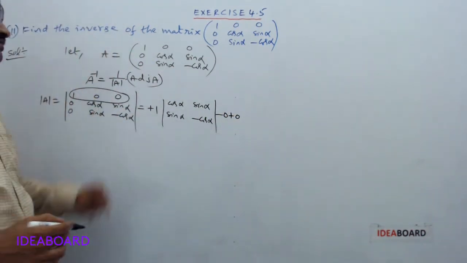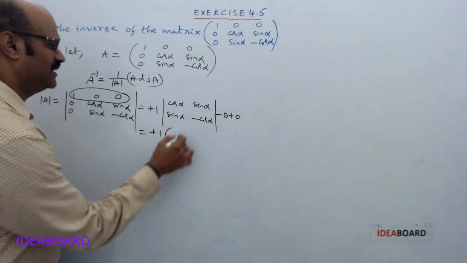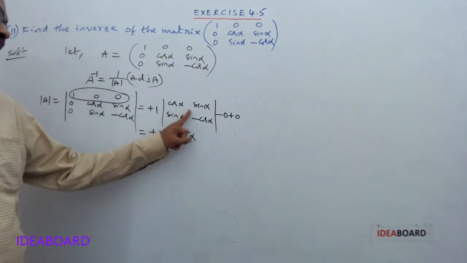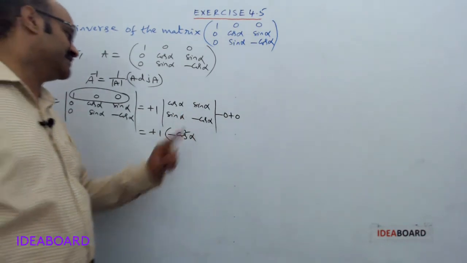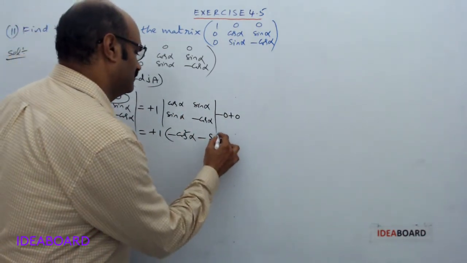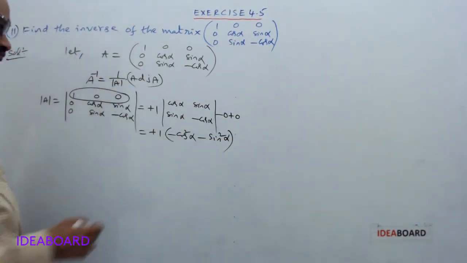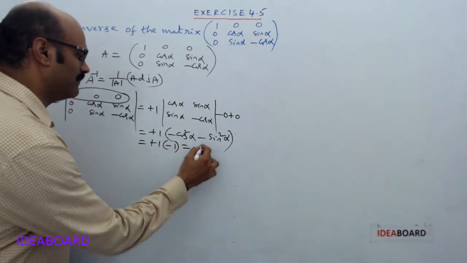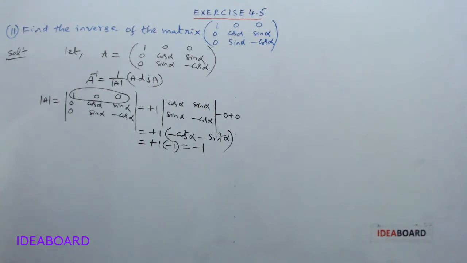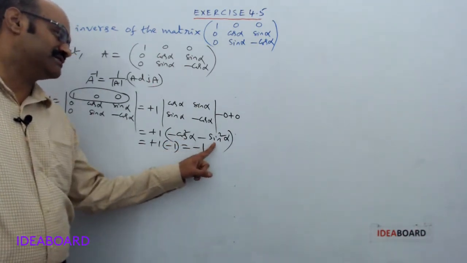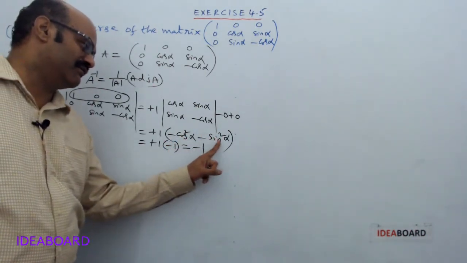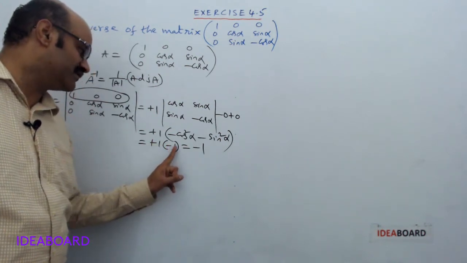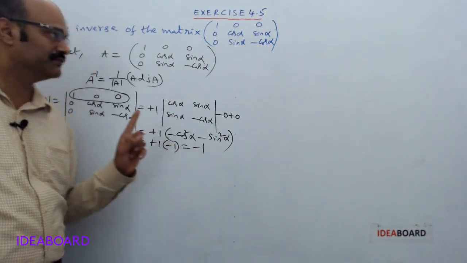Therefore plus 1 into minus cos square alpha minus sin square alpha, equal to plus 1 into minus 1, which equals minus 1. If you take minus common, we know that cos square alpha plus sin square alpha equals 1.